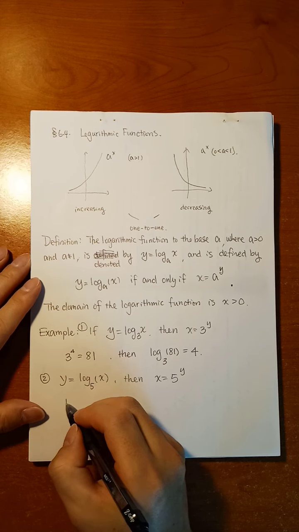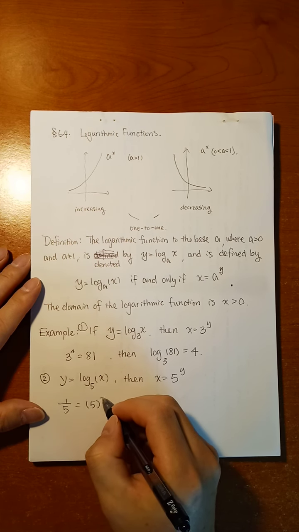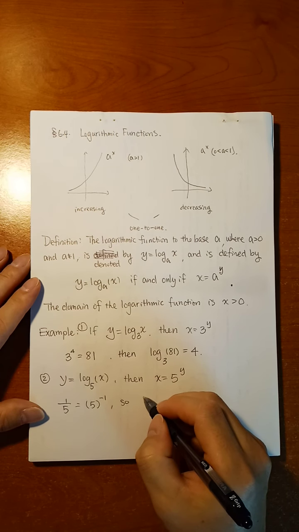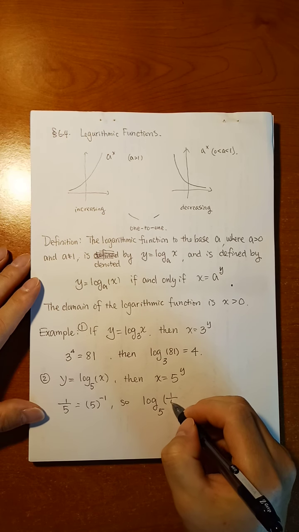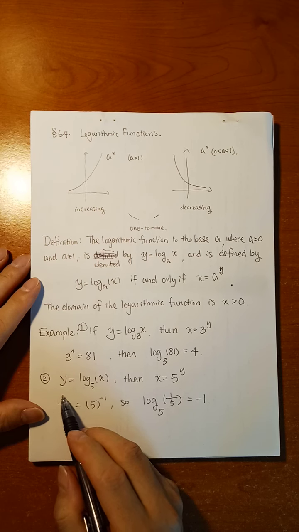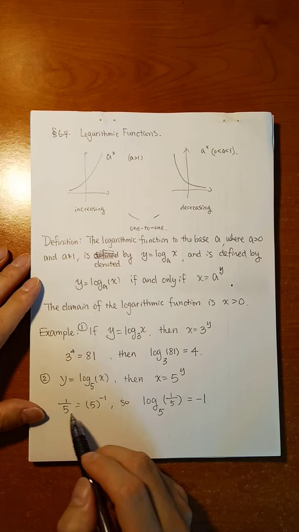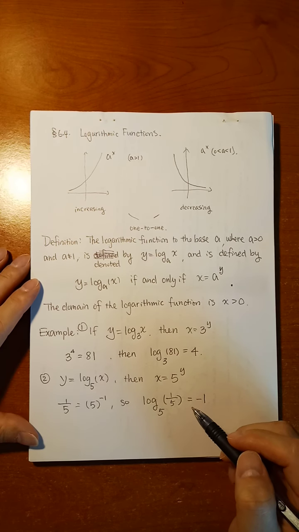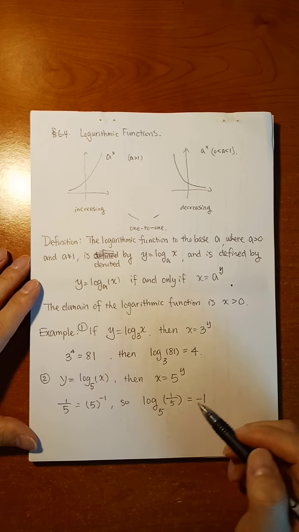And 1 over 5 is written as 5 to the negative 1. So log to the base 5 of 1 over 5 is equal to negative 1. We want to know the corresponding exponent for the number 1 over 5 to the base 5.